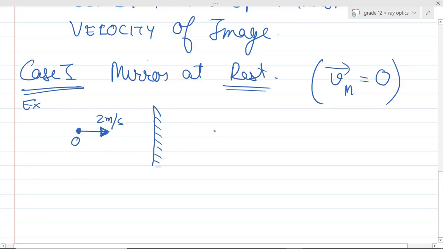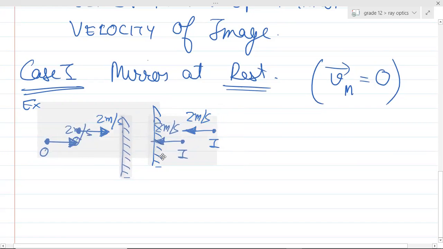So can you tell me what will be the motion of the image? Guys, everyone knows the property. If the object moves with 2 meter per second towards the mirror, then tell me what will be happening to the image's velocity. Image will move with the same speed but in the opposite direction. Similarly, if I move the object away from this thing, then what will happen?